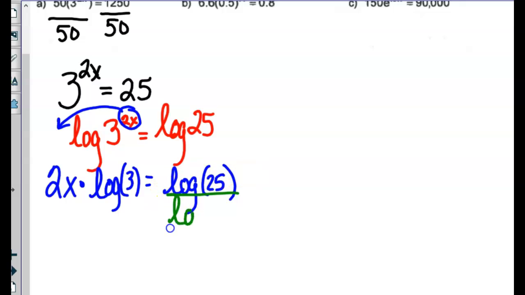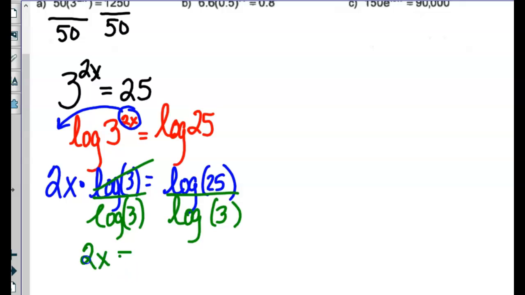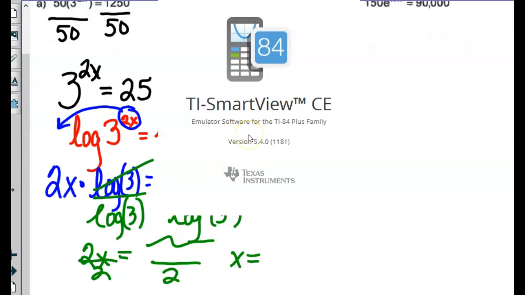So if we take this side and we divide it by the log of 3, then we're still going to have to go back and do what? Divide by 2. But so whatever craziness we got there, we're going to divide it by 2. And the final answer, let's see, you do have to type the log twice. There's no shortcut.